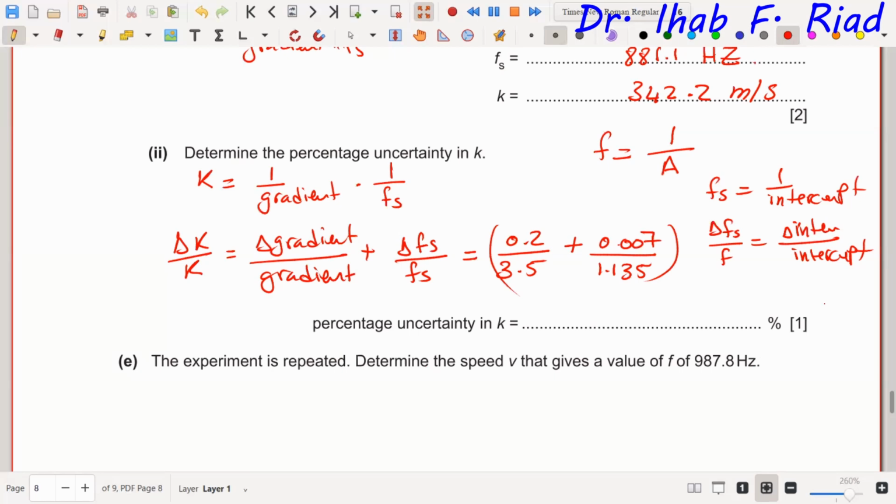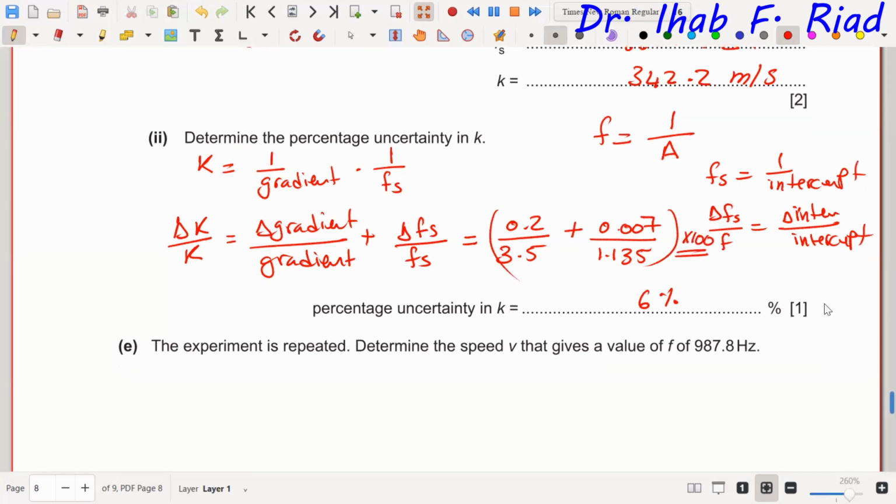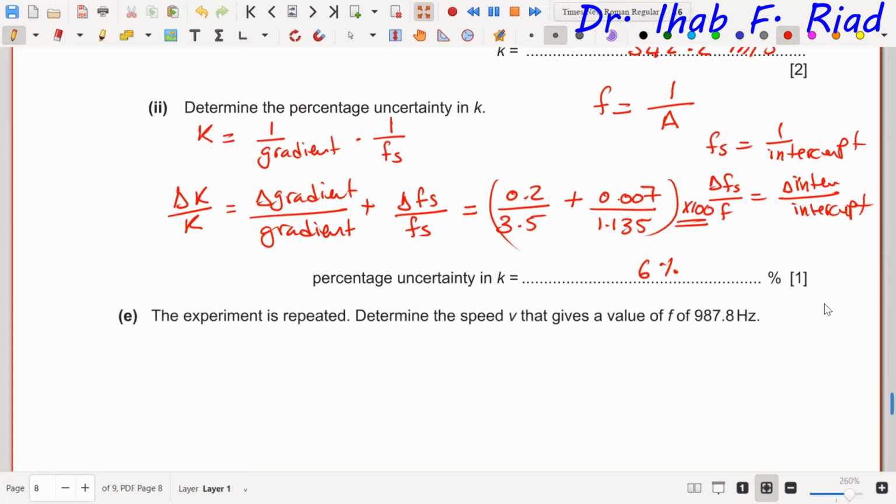We get approximately 6%. We multiply it by 100, right? Are we good? Yeah. Okay. So this is the percentage uncertainty, right?